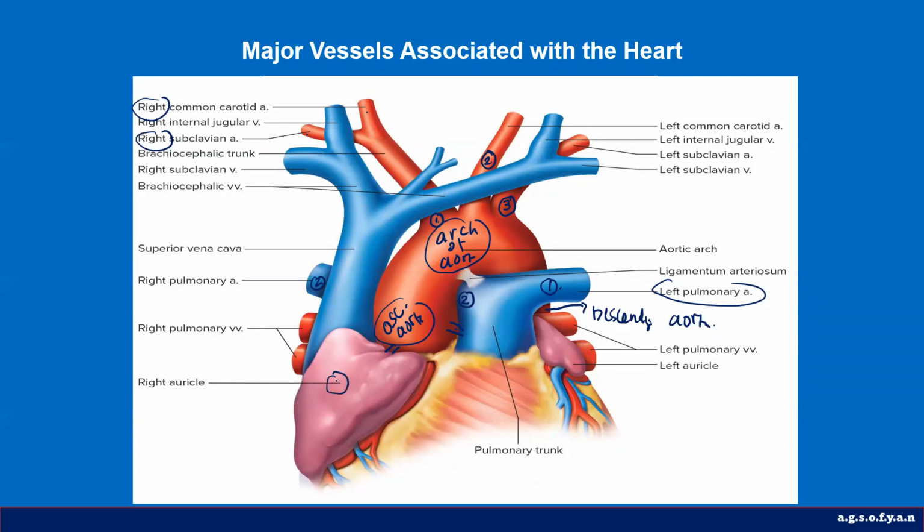So remember, the right atrium, the atrium receives the blood. The blood coming from the top, from the brain and also from our upper arm, is the superior vena cava. Below this, you will see the inferior vena cava. Look at this.